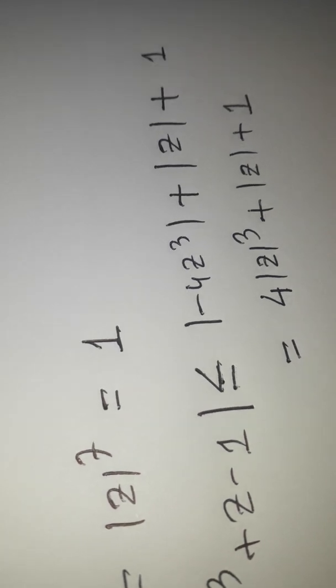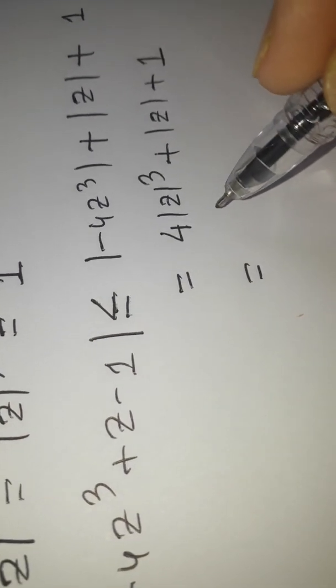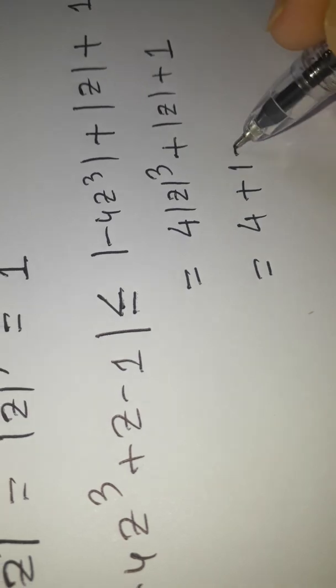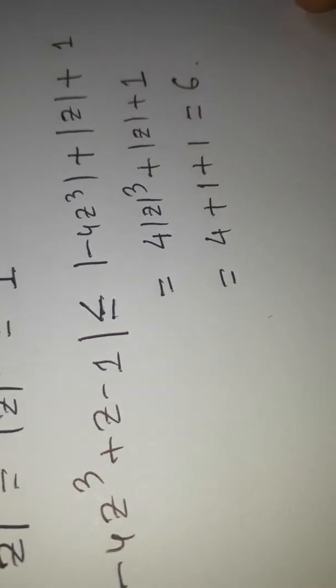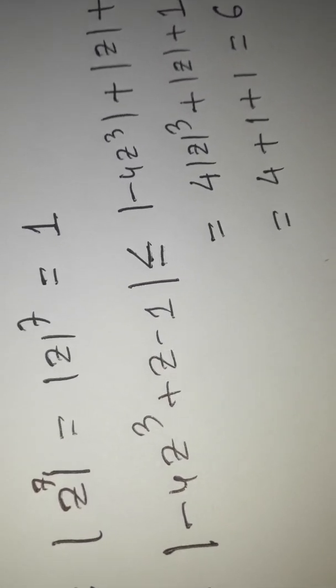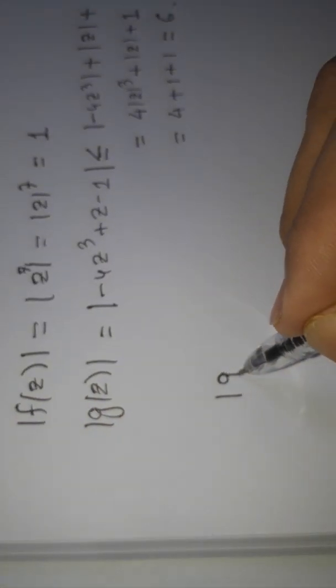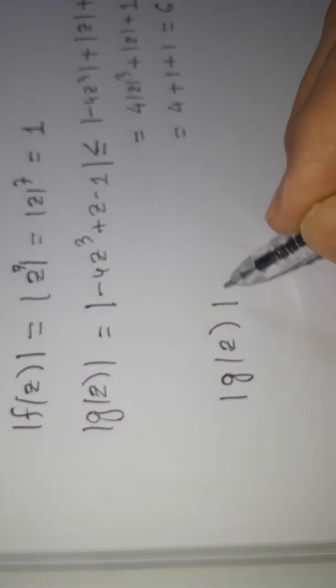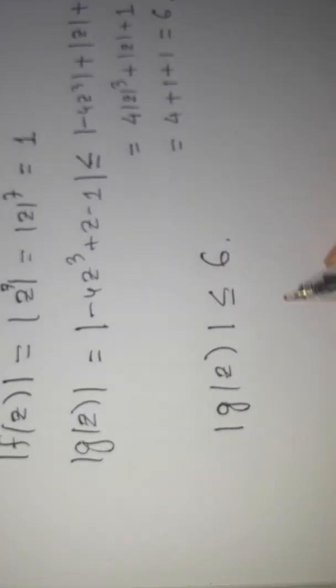Because mod z equal to 1, this is 4 plus 1 plus 1, and that is 6. So you got that modulus of g(z) is less than or equal to 6.